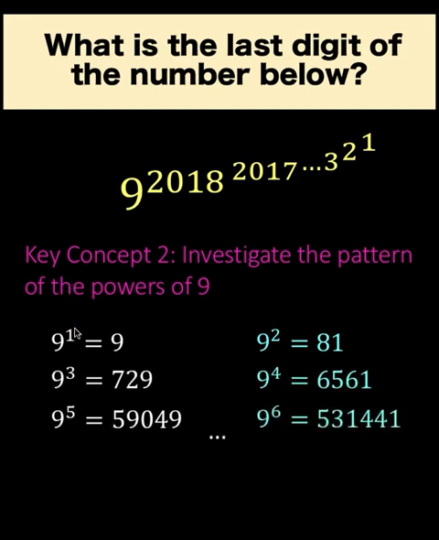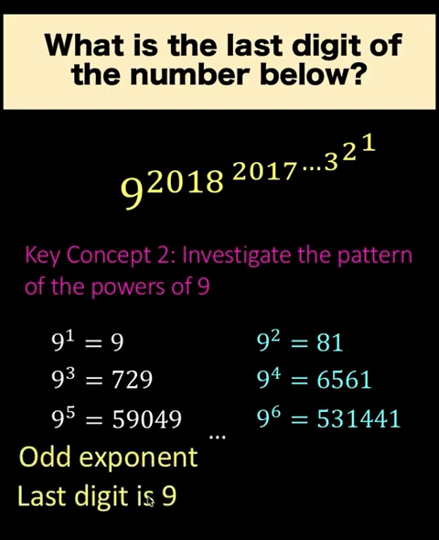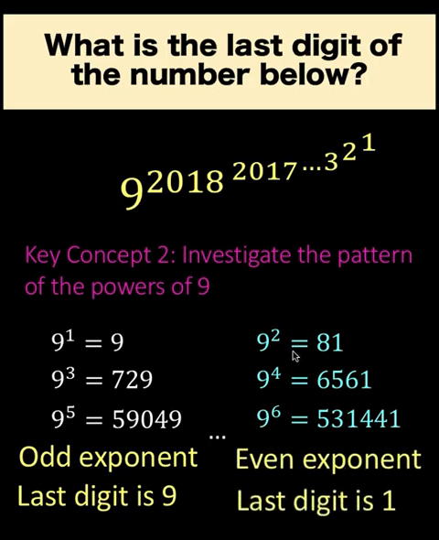Notice that when the exponents are odd numbers, 1, 3, 5, the last digits are 9, 9, and 9. So, when the exponents are odd, the last digit is 9. When the exponents are even, 2, 4, 6, notice also that the last digits are all equal to 1.